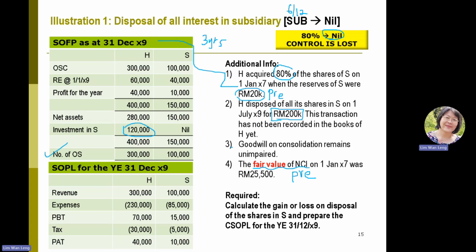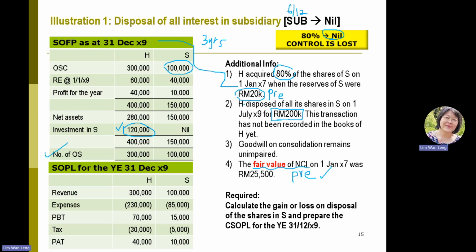And then item number 3, they tell you what? Goodwill on consolidation remains unimpaired. Which means you must be able to quickly calculate your goodwill. So goodwill calculation, you must be very good. Otherwise, if you calculate it wrongly, then the rest of the thing no need to do, also wrong already. Okay? So if you just look at this, you just know the cost of investment is this. NCI given to you is this. How much is the net worth at the date of acquisition? 100,000 plus the pre-acquisition RE.